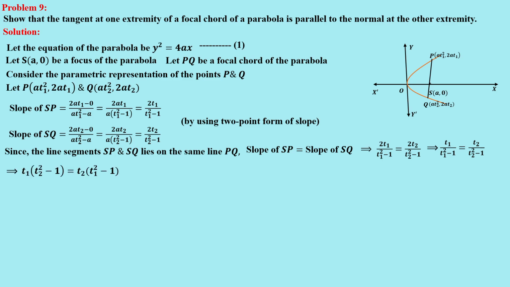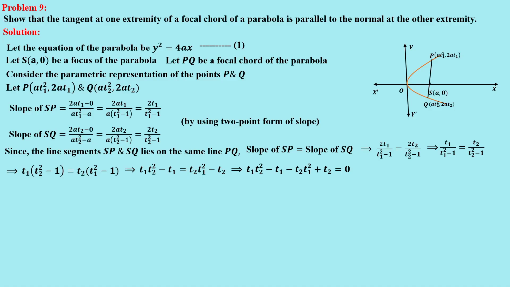Multiply with t1 on the left hand side: t1 t2 square minus t1, which is equal to, on the right hand side of the equality, multiply with t2 into t1 square minus t2. So taking all the terms together to the left hand side: t1 t2 square minus t1 minus t2 t1 square plus t2. So we are grouping t1 t2 square minus t2 t1 square.